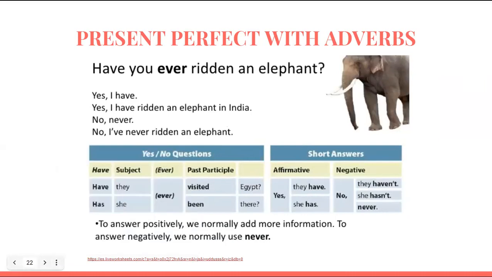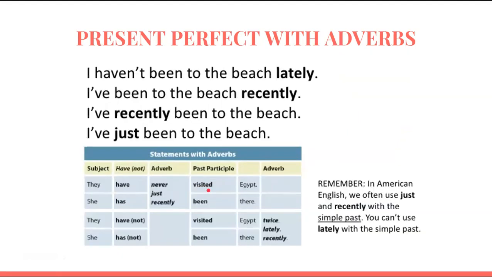I have a question. How can we differentiate in a better way between just and already? Oh, just and already. Yes. Basically, just is something that you did at the moment of speaking or right before the moment of speaking.